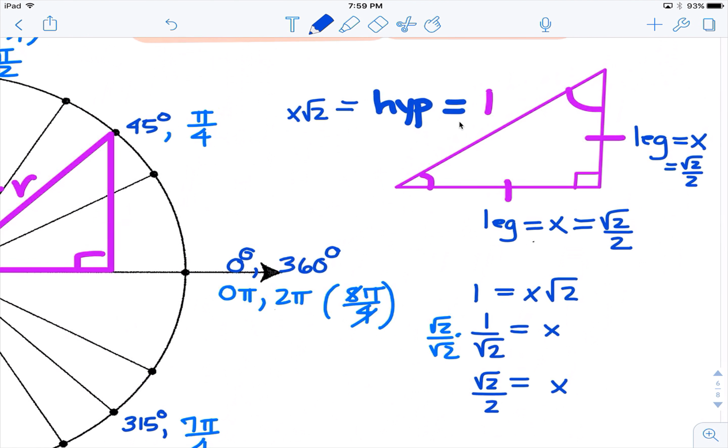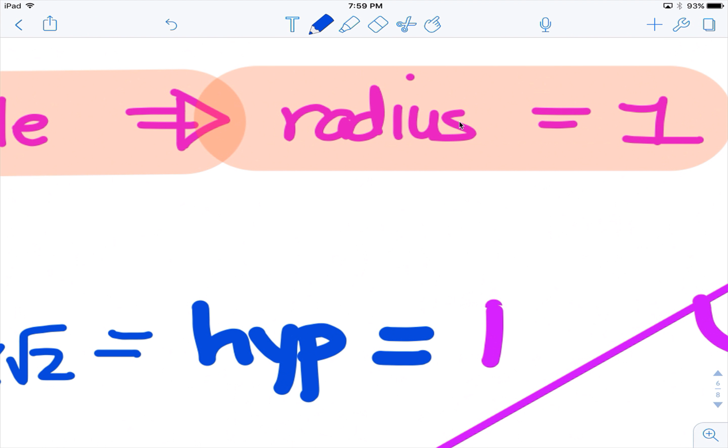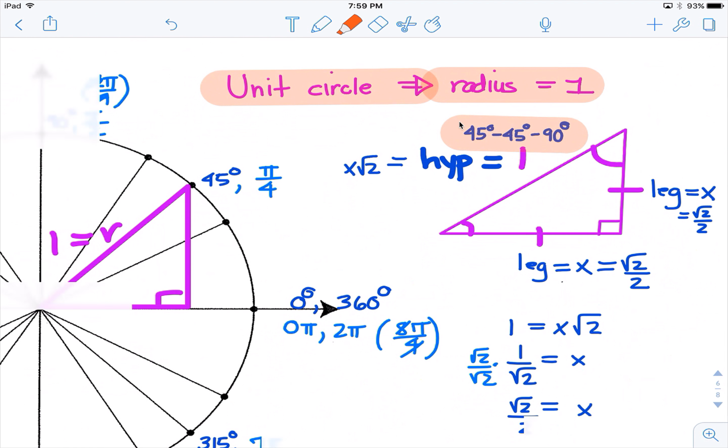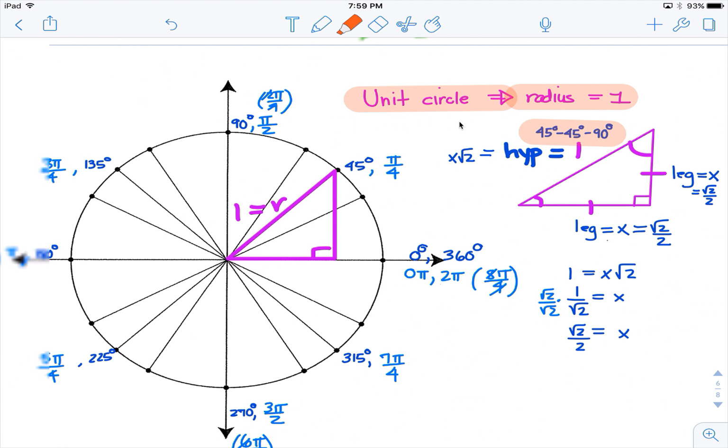Okay, so that was an application of our 45-45-90 rule, which hopefully you remember from geometry. And now we're going to put that into our unit circle.